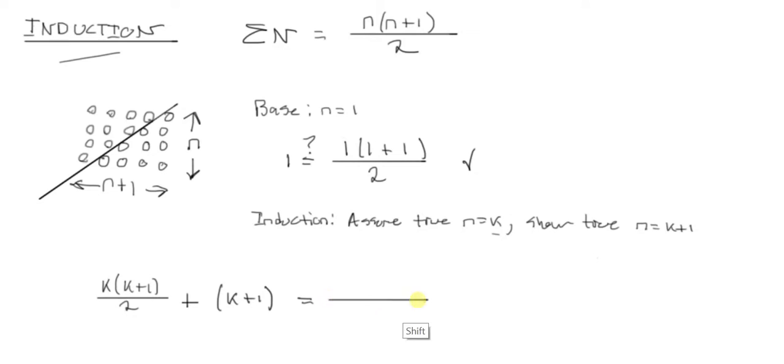And this, we are testing to see if this is equal to our final value, k plus 1 multiplied by k plus 1 plus 1 divided by 2. And if this is true, we will have proved through induction that this is true.